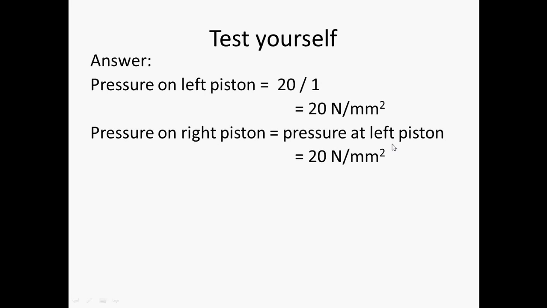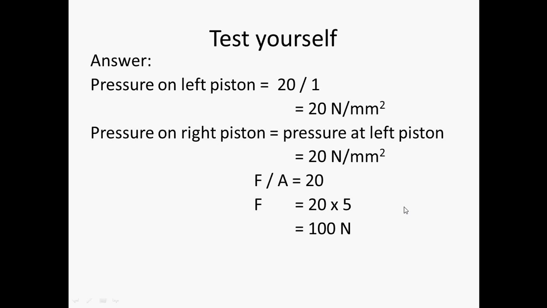Since the right piston is also governed by the formula F over A, F divided by A for the right piston gives 20 Newton per millimeter square. But the right piston has an area of 5 mm square, so if you do your math, F becomes 100 Newton. You bring the A over, and A is 5, so 5 times 20 gives you 100 Newton.